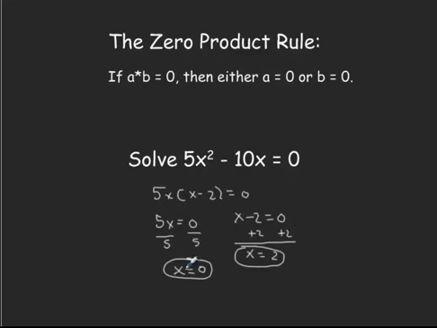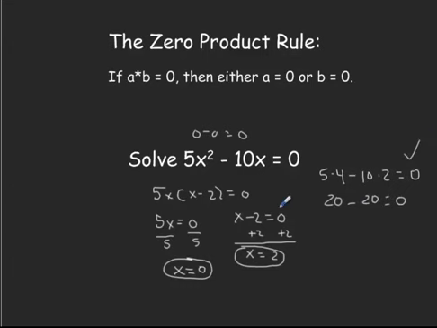You could check them. Plug in x equals 0, and you'll get 0 minus 0 equals 0. If you plug in x equals 2, then you get 5 times 2 squared, which is 4, minus 10 times 2. 5 times 4 is 20, 10 times 2 is 20, and you'll end up with 20 minus 20, and that does equal 0. They both check out.